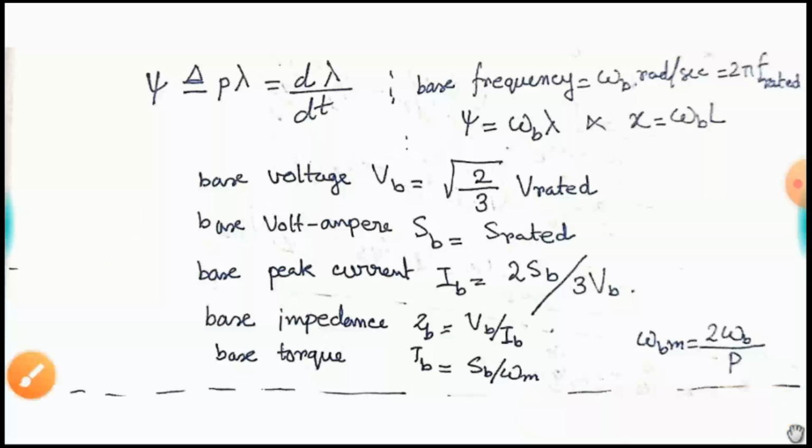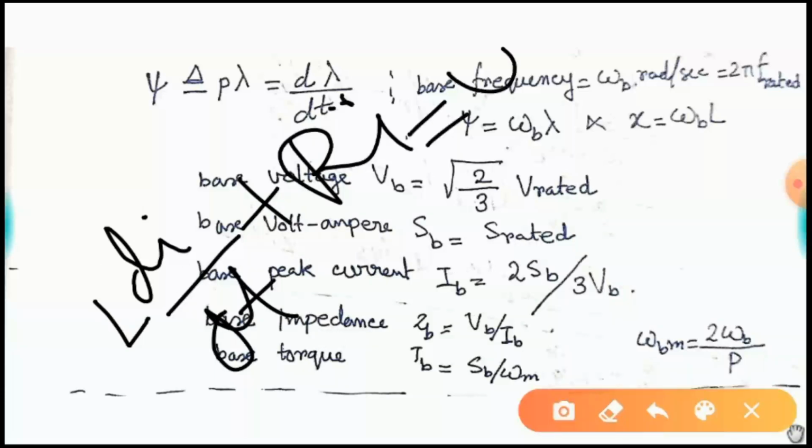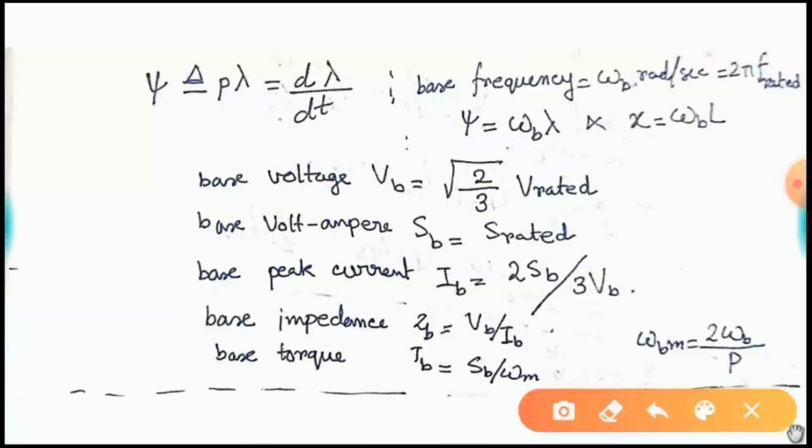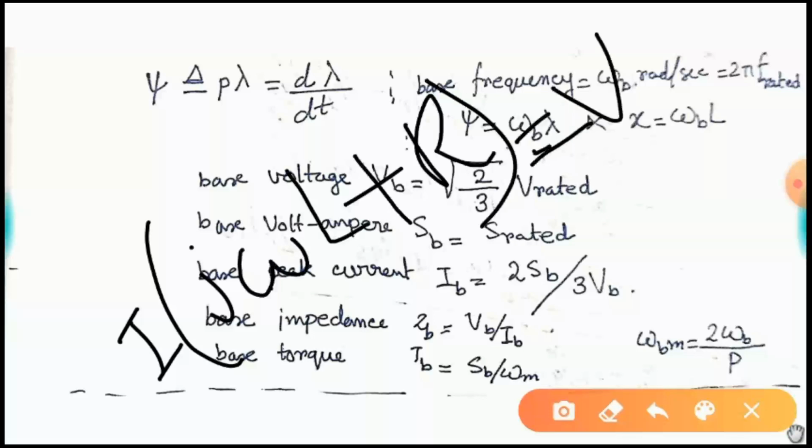Why? Because in the case of a series RL circuit, the generalized equation is L di/dt plus R i is equal to V. But when you apply a steady AC and your system reaches steady state, you can write it as L plus R is equal to V, which is quite an acceptable expression.